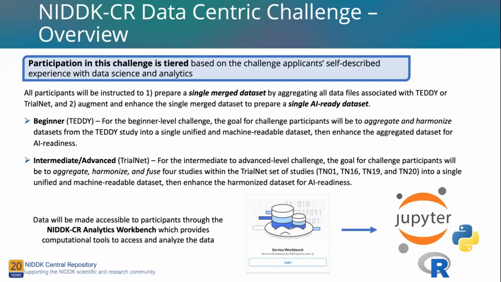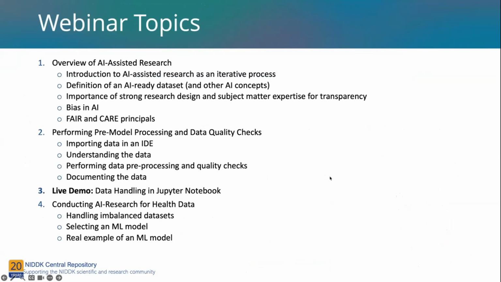So that was the data challenge. And then next slide, please, Summer. I'll just go over quickly the topics for today, and then I'll hand it off to the first presenter. So the goal of this webinar session is to prepare all of you to conduct future AI-assisted research. And so we'll start off by providing an overview of what AI-assisted research is.